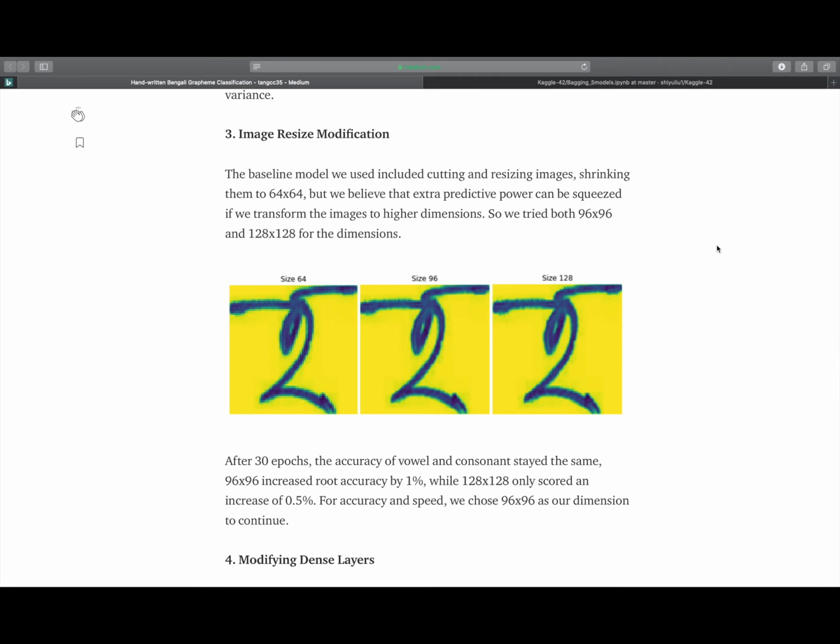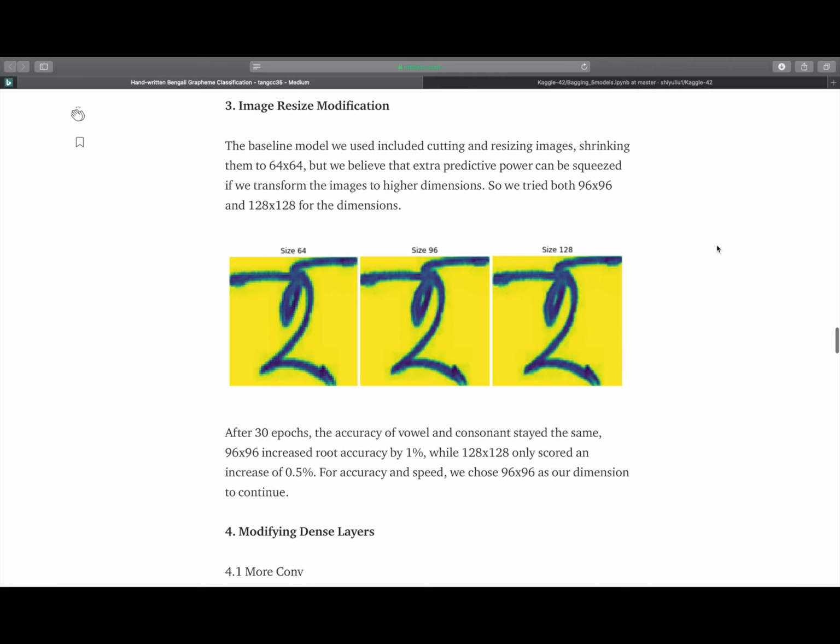Another approach we tried is resizing. The resize technique we used in the baseline model transformed images from the original rectangle to a square with a width of 64. We tried increasing the image size to 96 and 128 to squeeze out some extra predictive power.